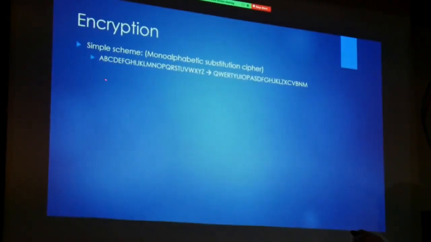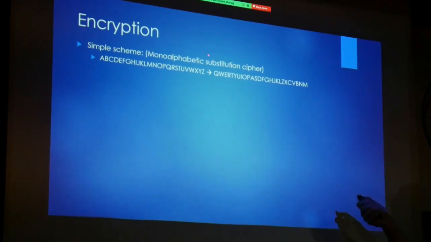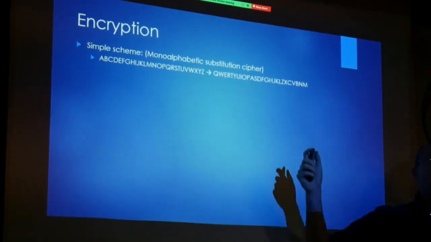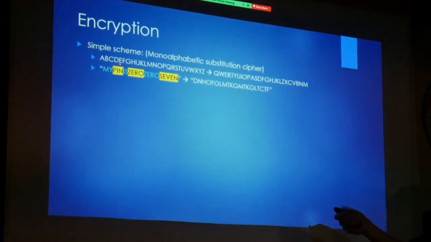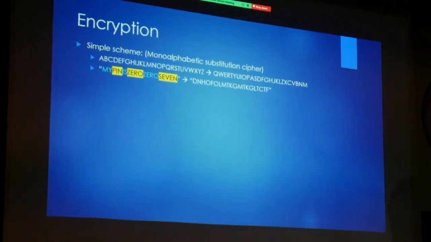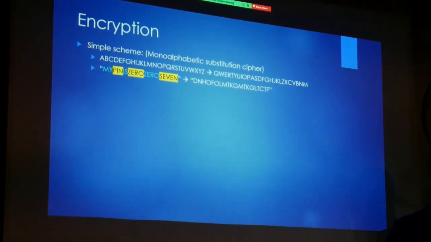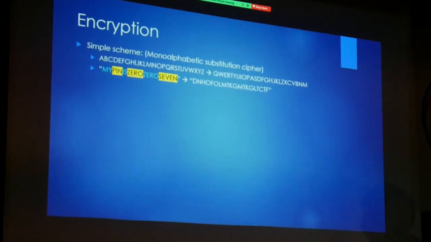And the idea, right, we have an alphabet, an exhaustive alphabet. We take all the letters and we scramble them up. This scrambling, in this case, was just simply me typing it in on the keyboard. And the result is my PIN is 007 becomes this string of garbage, right? Monoalphabetic substitution. Simple, has some problems. We'll see those problems in just a minute.